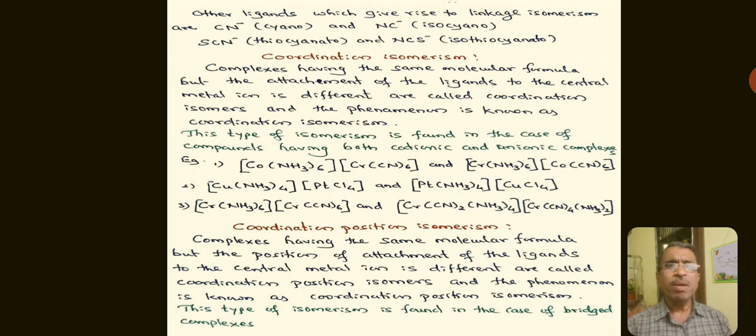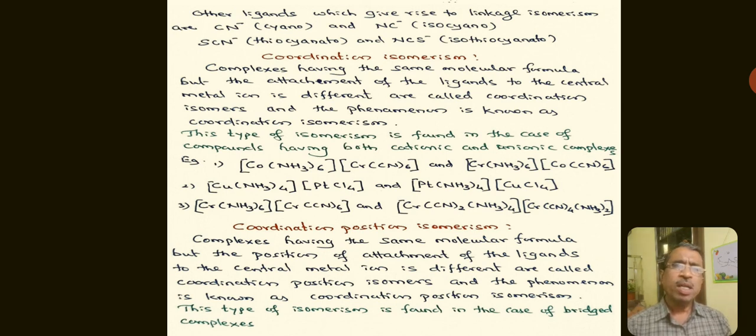In the third example, that is hexamine chromium 3 hexacyanochromate 3 and tetramine dicyanochromium 3 diamine tetracyanochromate 3, both cationic and anionic complex have the same central metal ion, but the arrangement of the ligands is different. This is also an example for coordination isomerism.